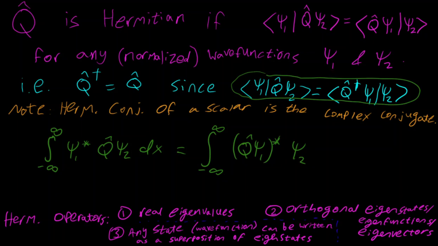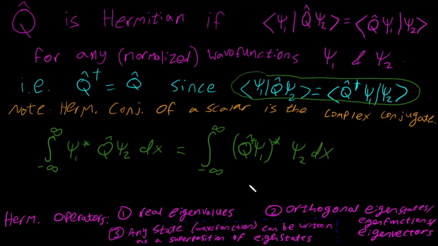It's not just Q hat, it's Q hat dagger. Hopefully you caught that. It's not just Q hat acting on psi1, and it's not just Q hat dagger acting on psi1 star. It's Q hat dagger acting on psi1, then you take the complex conjugate, and then there's a dx here.